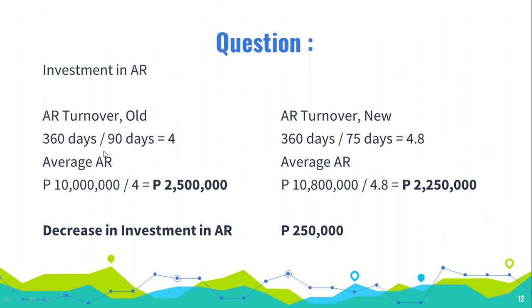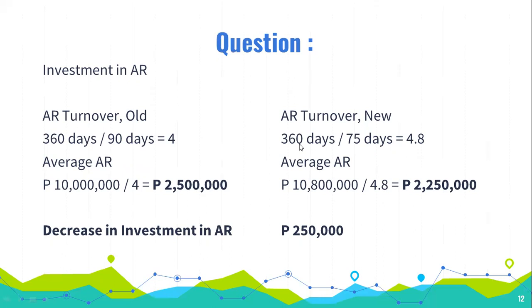It is by dividing 360 days, which will be our assumption for the problem, by 90 days, given that the collection period is 90 days. So the accounts receivable turnover in the old policy is 4.